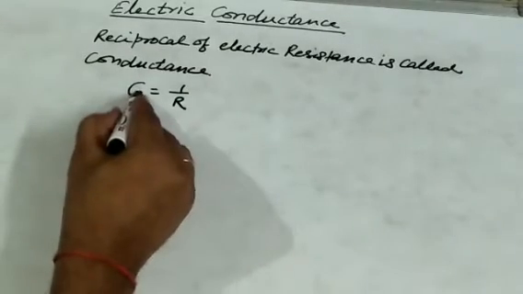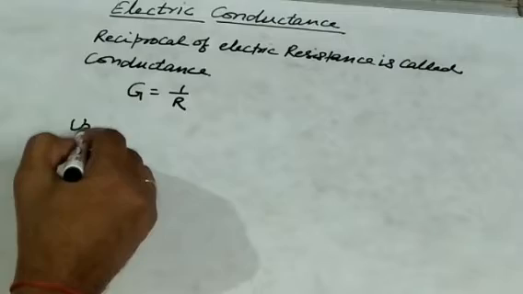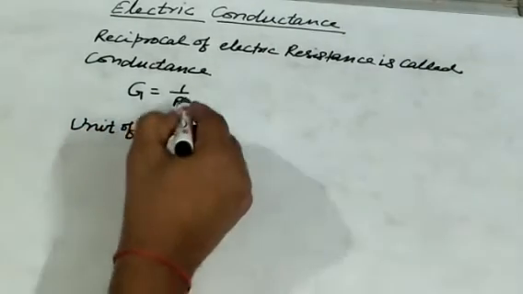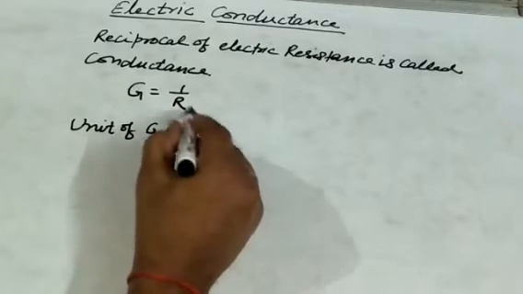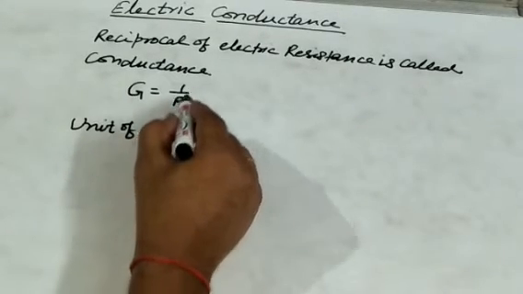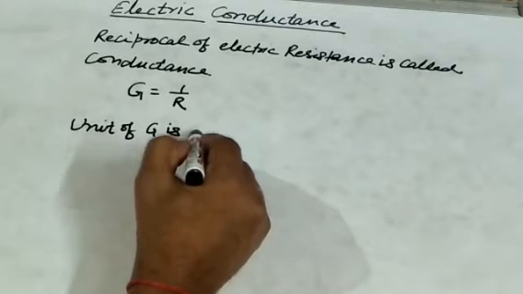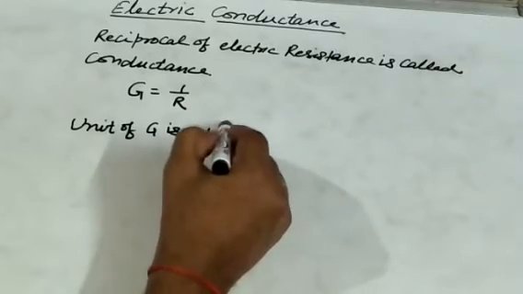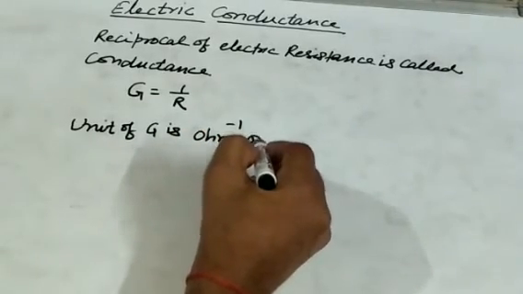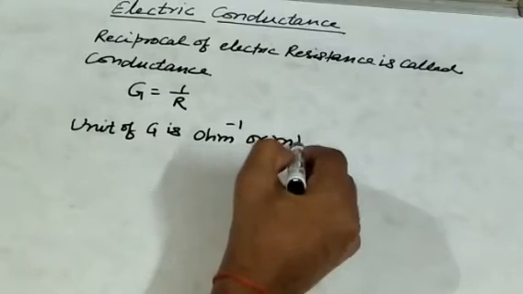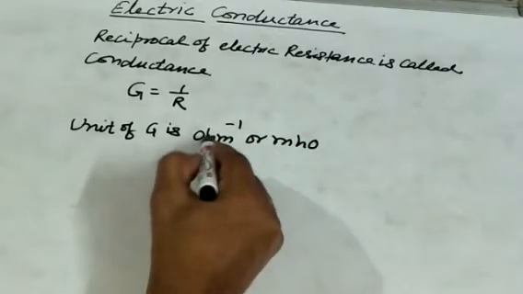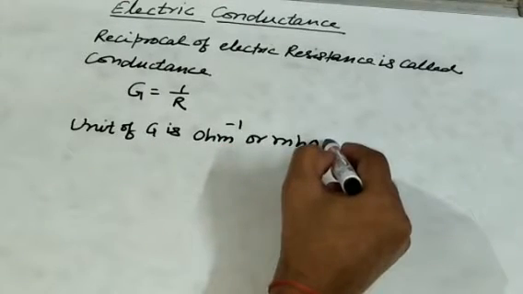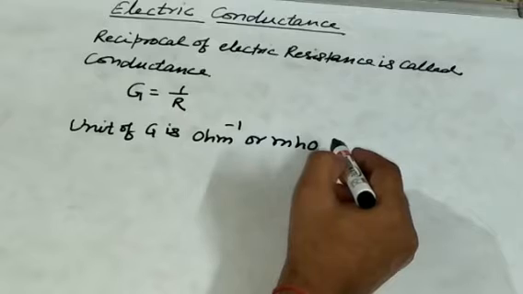And the unit of electric conductance, the unit of G, is the reciprocal of R, meaning resistance, whose unit is ohm. So 1 upon ohm, we can write ohm inverse. And this ohm inverse is also called mho, simply ohm spelled backwards. It is also called Siemens.